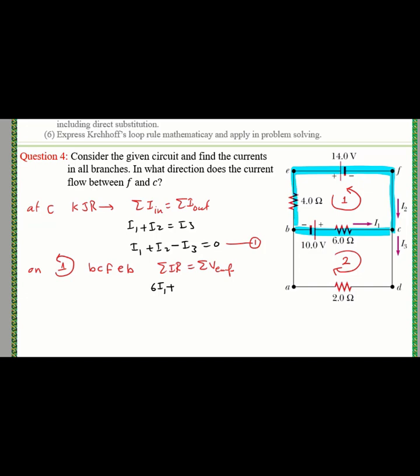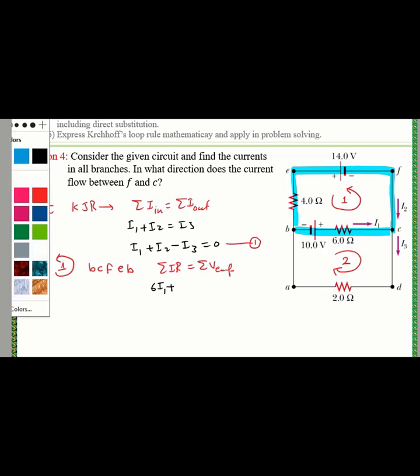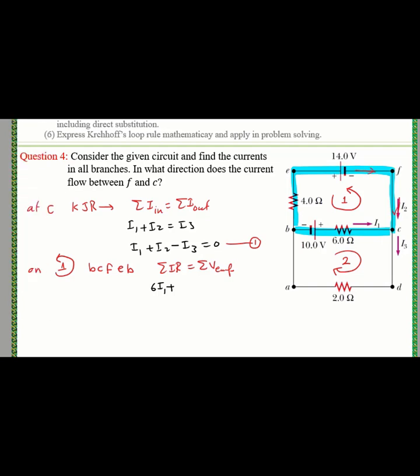What is the current here? It is I2. Here I2 goes up to E, then to F, and down to C. This branch has only one current, which is I2.